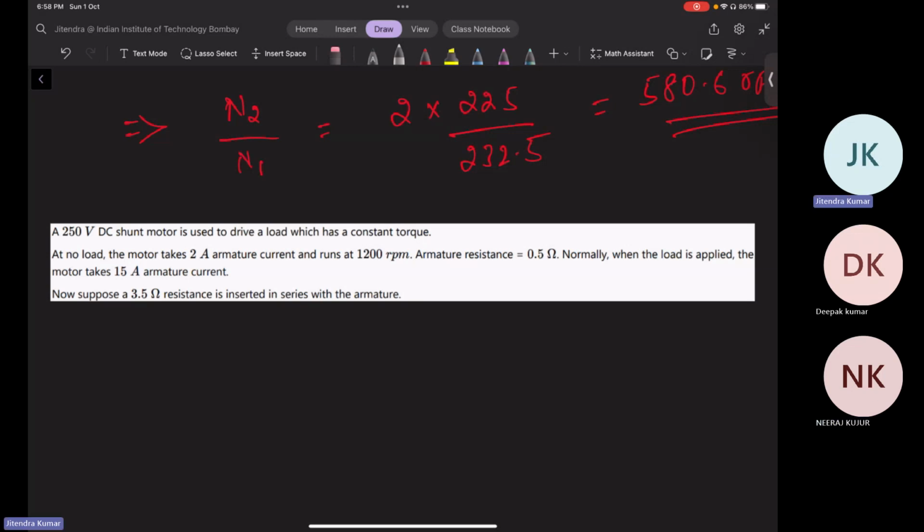Okay, sir. But what do you expect in that application? Was there any drawback in using a DC machine in that particular application? No, sir.